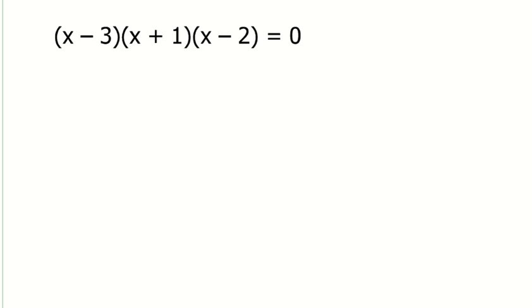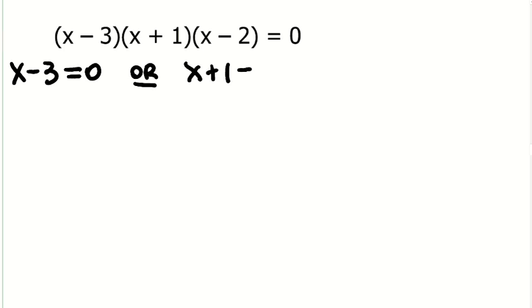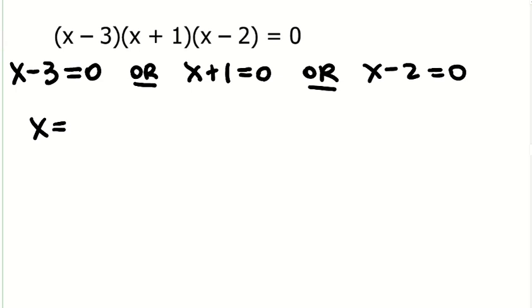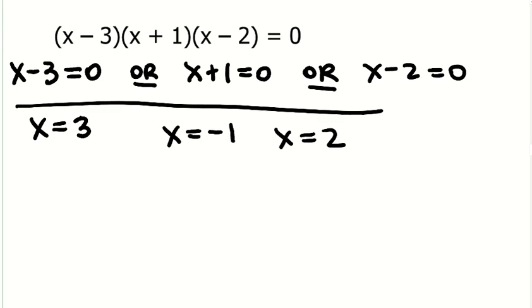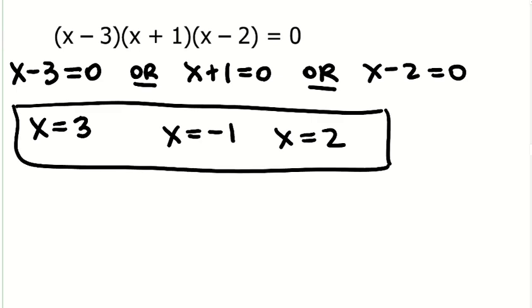So if these three things multiply together to equal 0, then either x minus 3 is equal to 0, or maybe x plus 1 is equal to 0, or maybe x minus 2 is equal to 0. And we know that that would happen when x is equal to 3, x is equal to -1, or x is equal to 2. And so those are our three solutions.